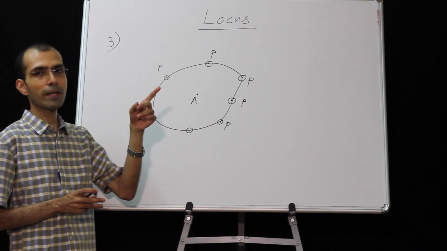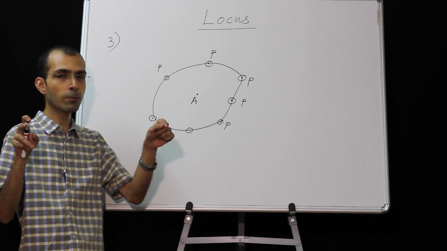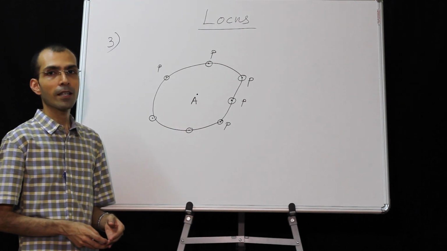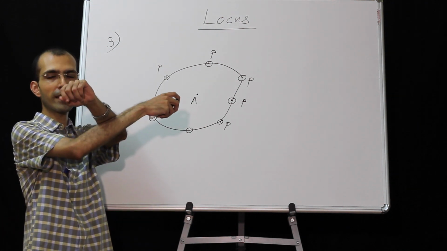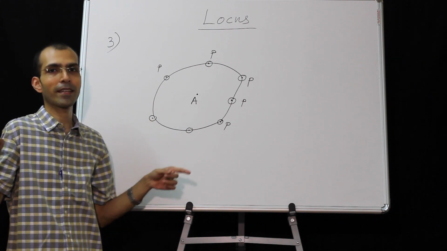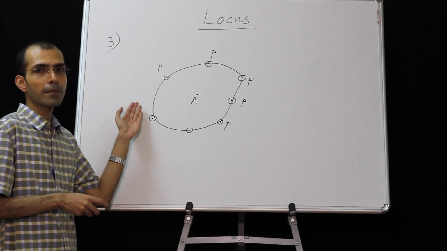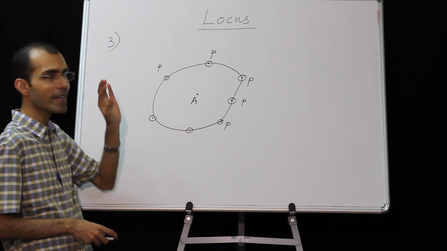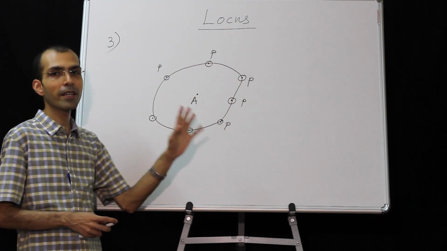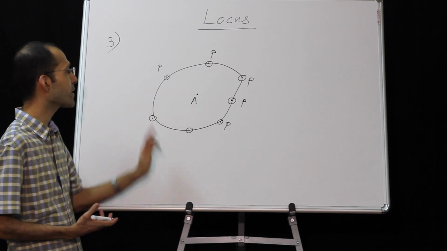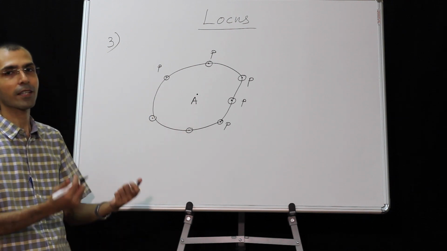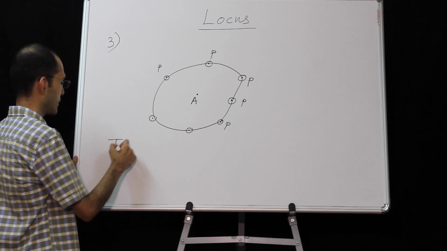What was the first concept? Equidistant from two fixed points, perpendicular bisector. Second concept, equidistant from two intersecting lines, angle bisector. Third concept, equidistant from a fixed point. Here A is a fixed point. It will be a circle. So A is a fixed point, P is a moving point whose locus we are trying to find.